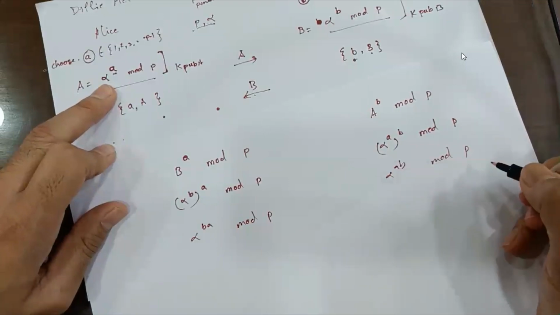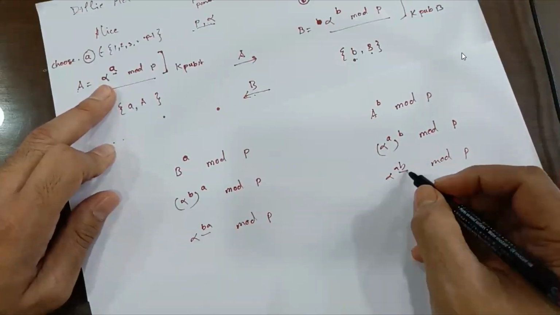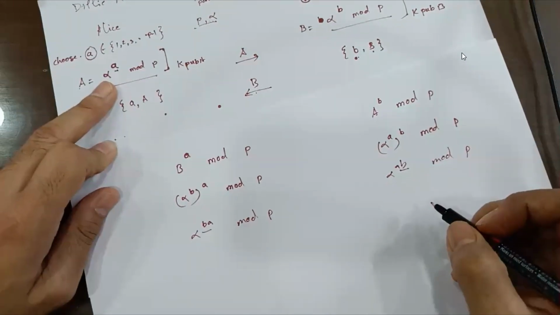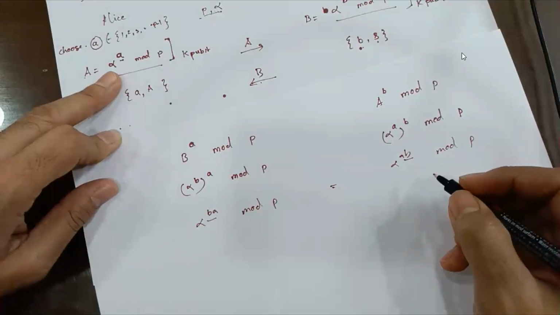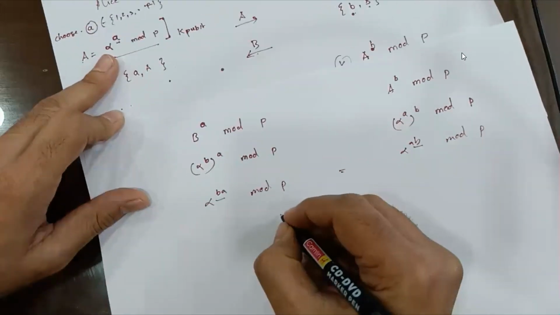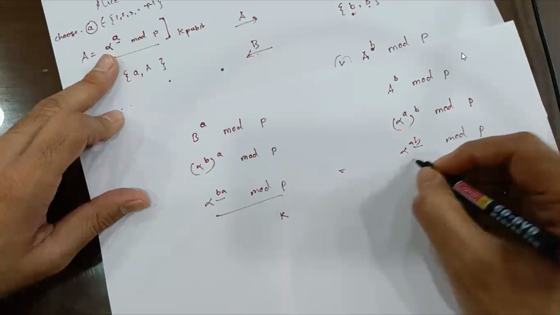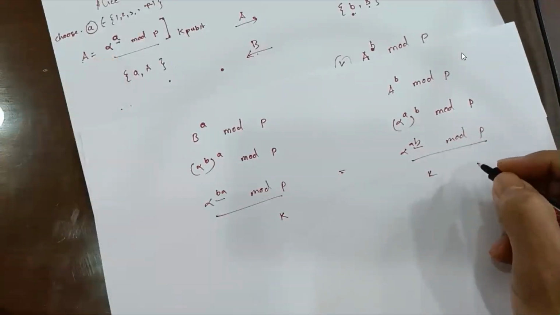Is it correct? You do BA or AB, doesn't matter. Right. So this will be obviously same. You'll be getting the same value, but you are not sharing actual private key which you are getting after this. You are generating these private keys at your own end. Okay.